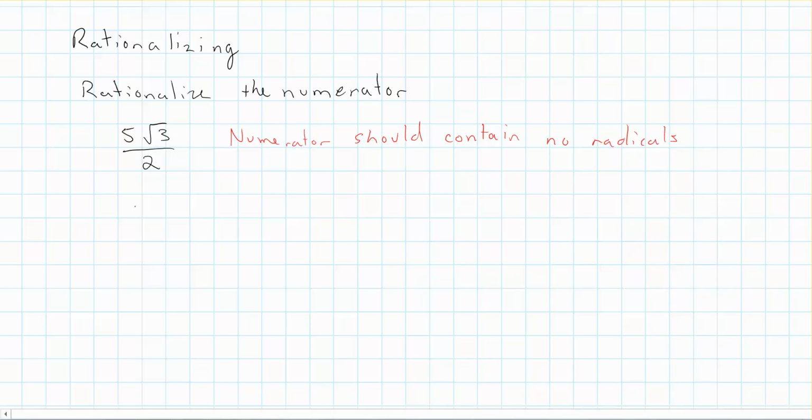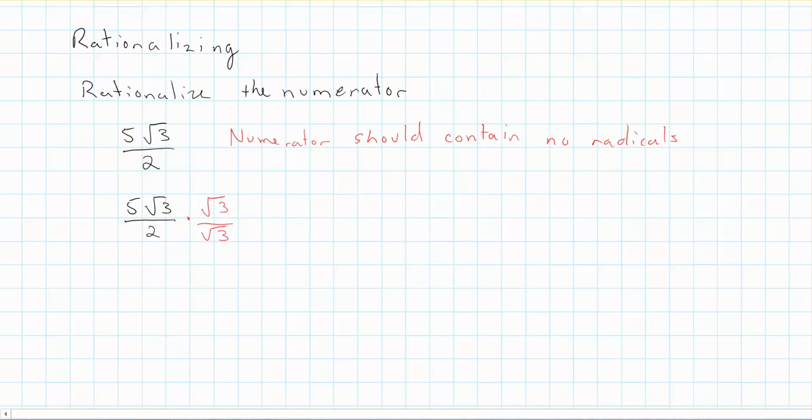The easiest way to do this is to use a very common property of algebra: if you multiply the numerator by a number, as long as you multiply the denominator by the exact same number, you haven't changed anything. In this case, we'll multiply by the square root of 3 over the square root of 3.